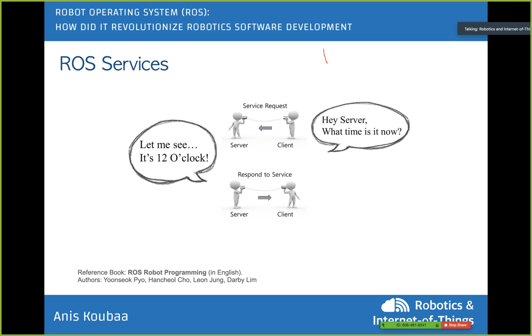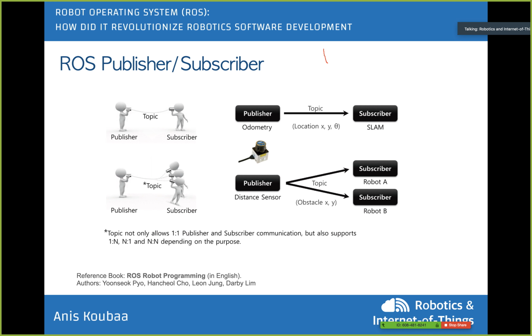ecosystem. You have also ROS services, and here you will have a synchronous communication between a client and the server. So one server is going to provide some services, and the client will need to communicate to send a request and receive a response back. So this is different from the publisher-subscriber, because there it's one-way communication. It goes always from the publisher to the subscriber.